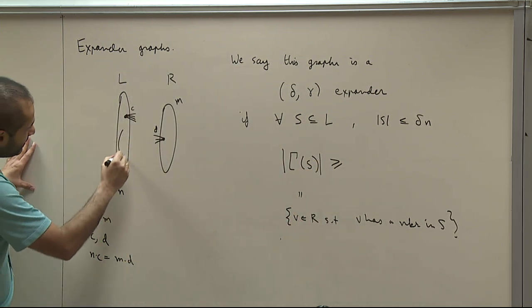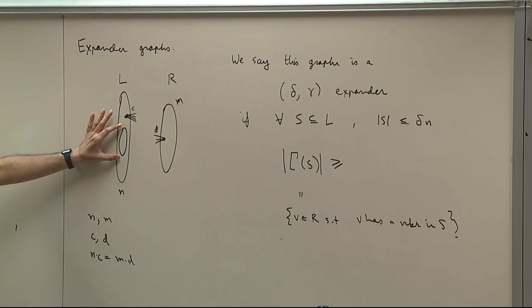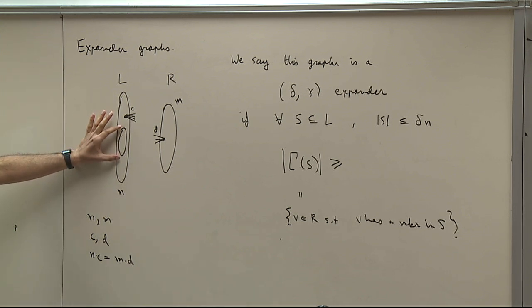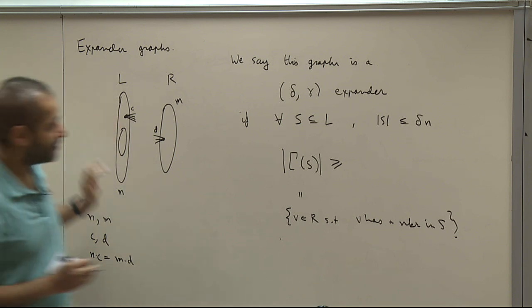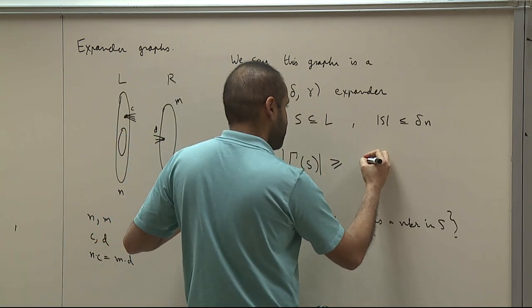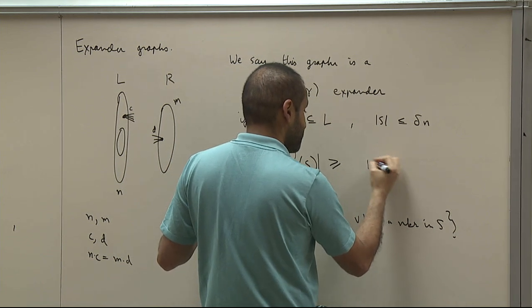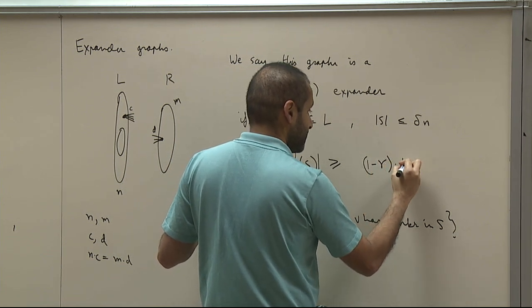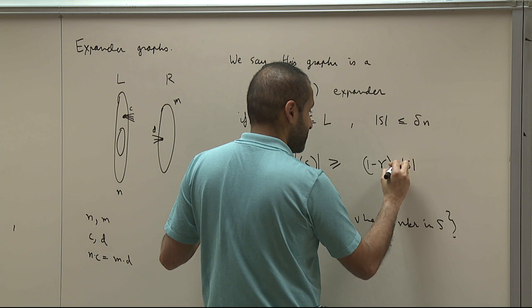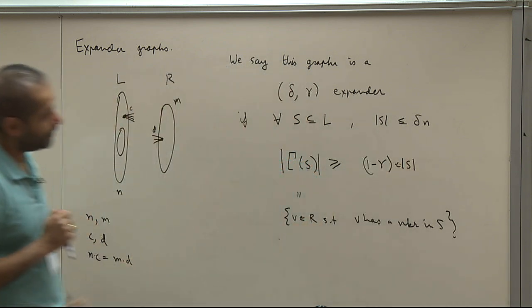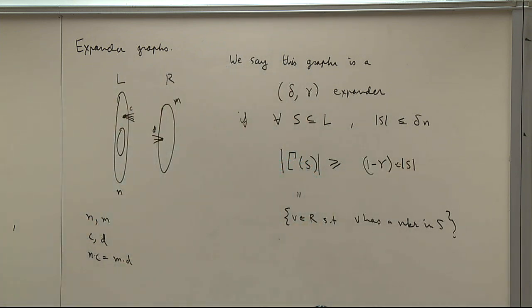The size of this set is at least, well, what's the largest the set could be? Size of S times C. So it should be at least (1 minus gamma) times size of S times C. This is called a (delta, gamma) expander.